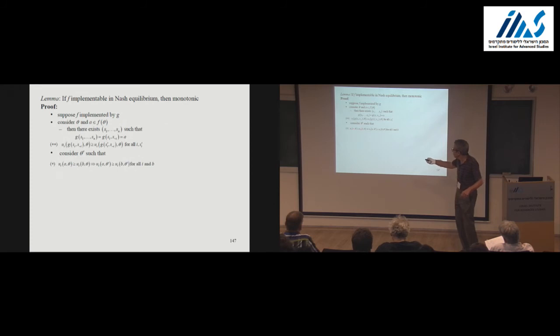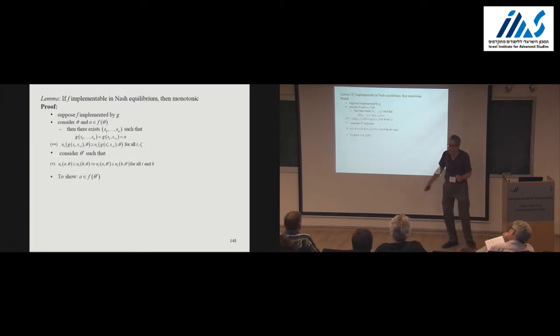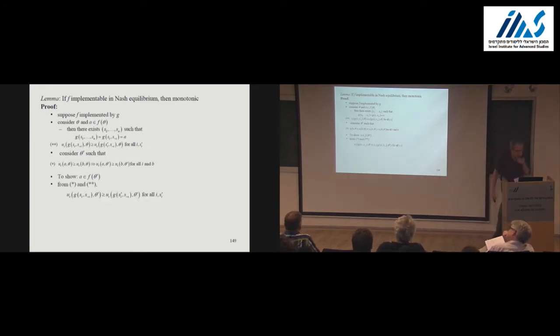If A was above B before, A is still above B. What we have to show is that A is actually optimal in state theta prime. Now, why is A optimal? It's optimal because this same Nash equilibrium in state theta is also a Nash equilibrium in state theta prime.